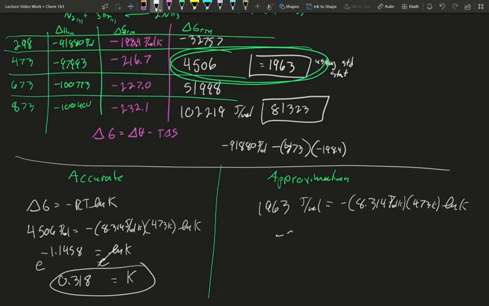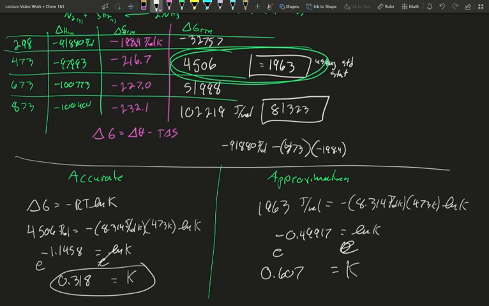In this case, we get negative 0.49917 is the ln of K, E to both sides. Our K value comes out at 0.607. Well, that's about twice as much. This would represent that we would make twice as much products over reactants as we did for the accurate value.